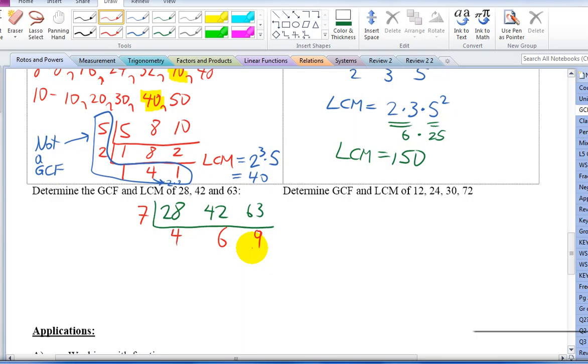No. So this is what I like to do, and you guys should do this as well. I make a mark. Why did I make that mark? Well, what's below 7? Is it a common number we're going to be dividing by? No. So what happens is your GCF stops. Your GCF now is no longer, so our GCF simply equals 7.